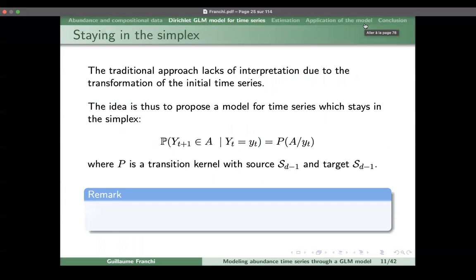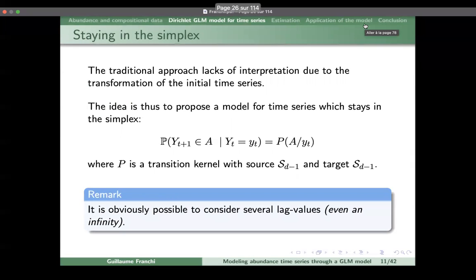To do so, we propose to define a time series Y_t by means of a transition kernel denoted P. Here and in the rest of the talk, I will assume that conditionally on the abundance at time t, the distribution of the abundance at time t plus 1 is defined by this kernel P. So in other words, we will build our time series such that the dynamic of the time series is not defined by some kind of autoregressive relation, but it is defined by the kernel P. Obviously, it is possible to consider more than one lagged value.